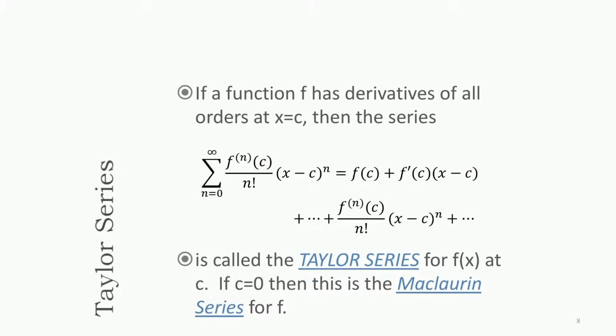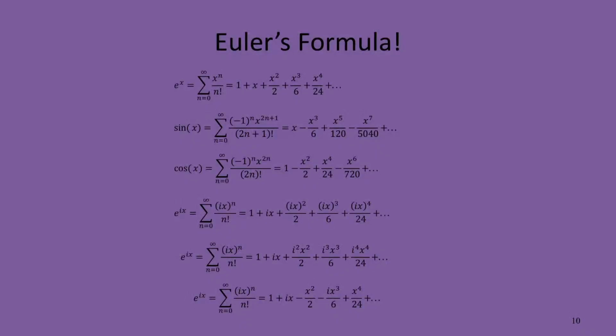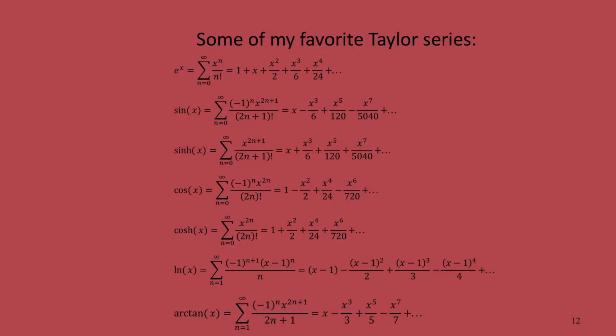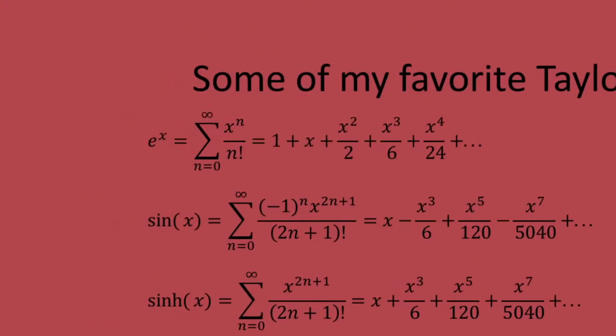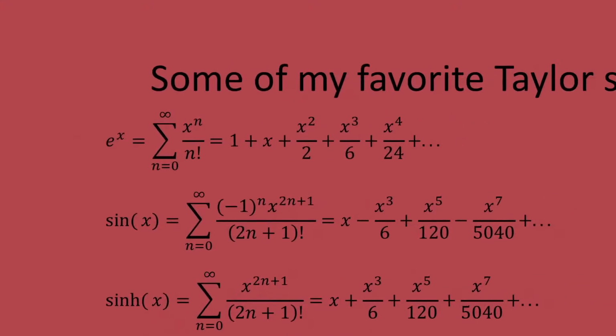Okay, so first off, here's Euler's formula. So, some of my favorite Taylor series. You might say, where are these Taylor series found? Because you want to memorize these as well. Why is it so dark? I don't know why it's so dark. I'll see if I can correct that while I'm blabbing about it. So in your book, you will find, actually these are Maclaurin series, they are not Taylor series.